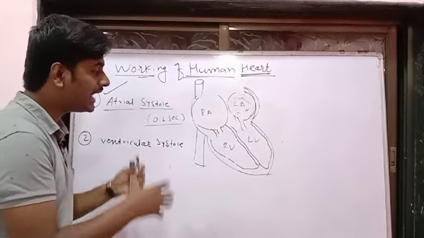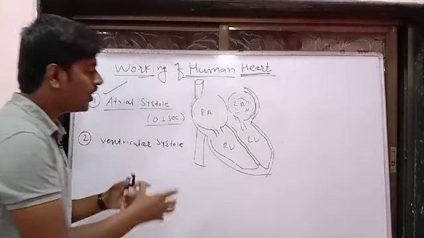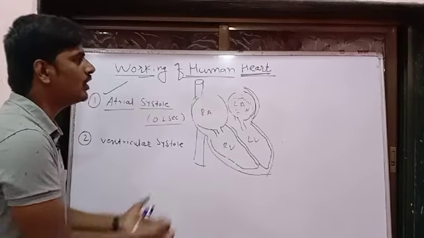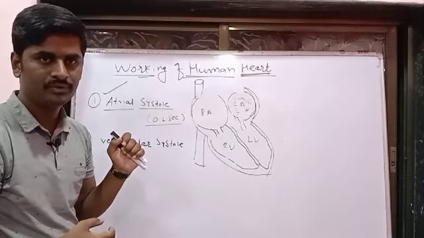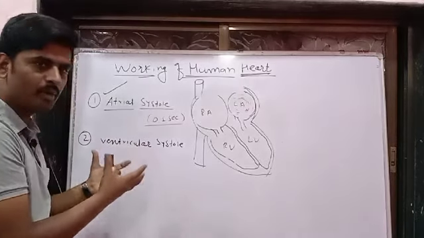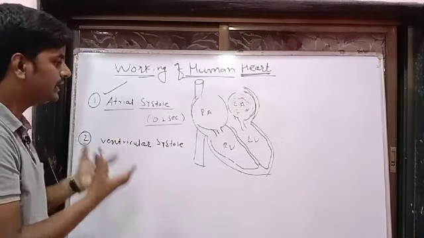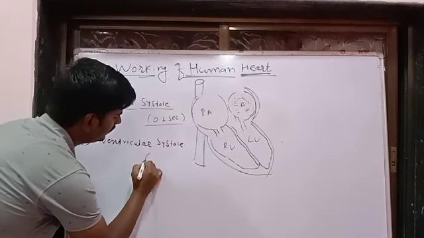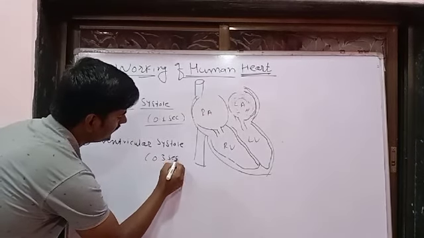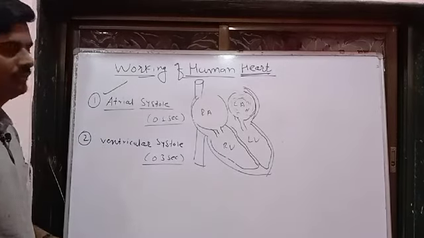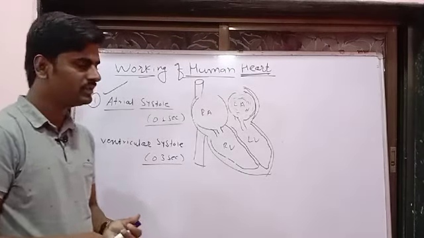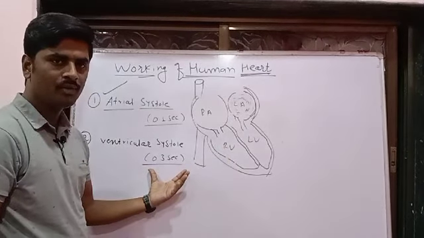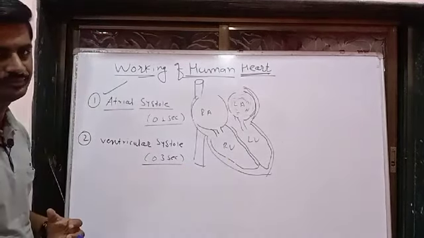But the ventricle has to transfer oxygenated and deoxygenated blood towards the overall body and also the lungs. Therefore higher pressure is required, so it takes quite a larger time compared to atrial systole. 0.3 seconds are required for ventricular systole, meaning the ventricle takes 0.3 second for the systolic condition.